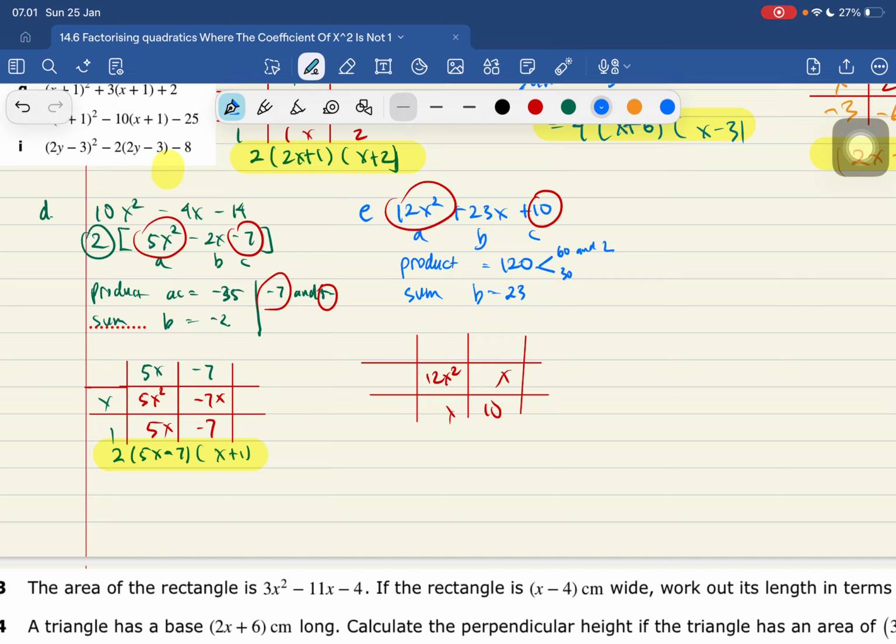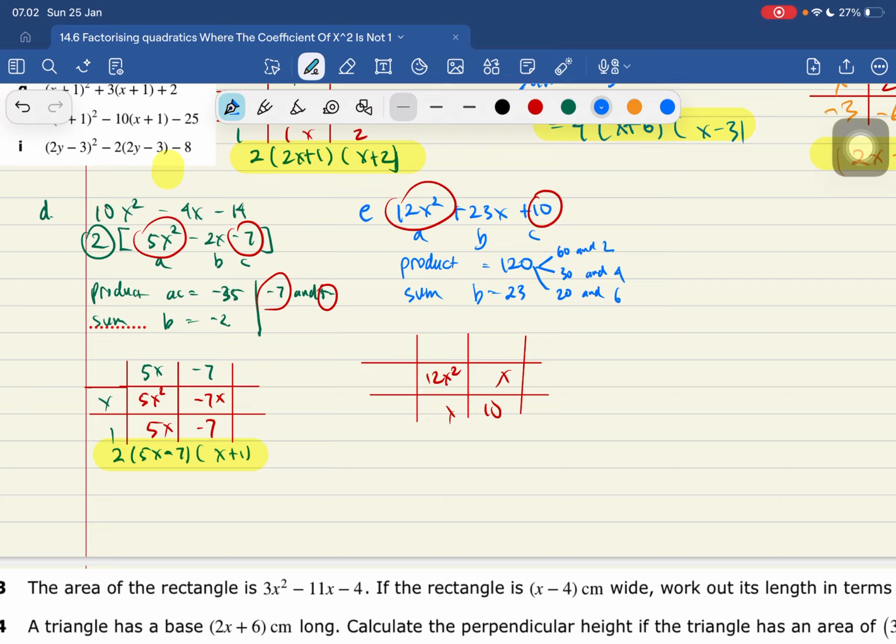Then we got 30 and 4. We got 20 and 6. What else can we make 120? So 120 times 1. Okay, that is good. We need to find the two numbers. So 120, we can try to multiply it by 20.